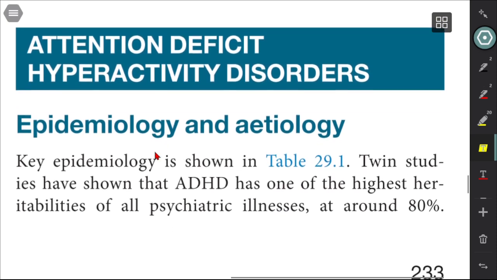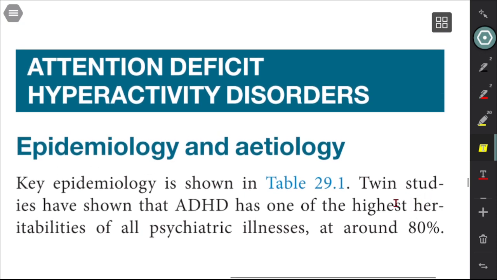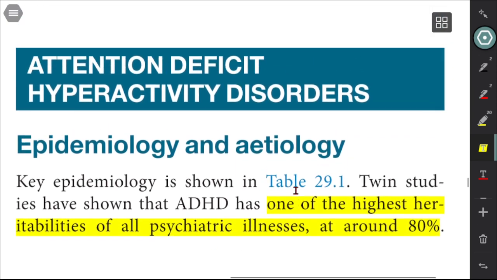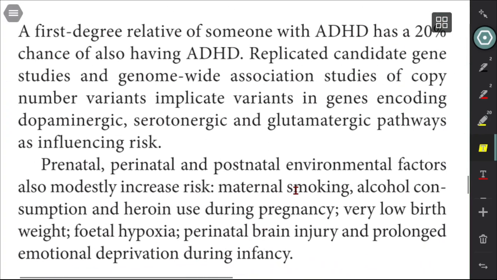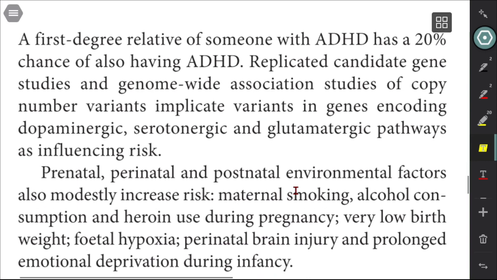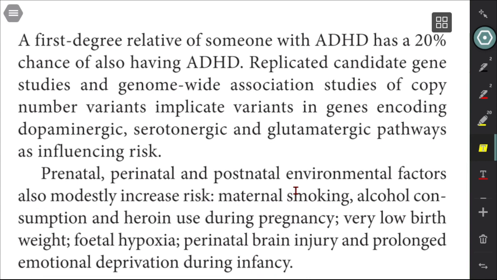We've talked about epidemiology of that. But twin studies have shown that ADHD has one of the highest heritability of all psychiatric illnesses, at around 80% heritability. A first degree relative of someone with ADHD has a 20% chance of having ADHD.